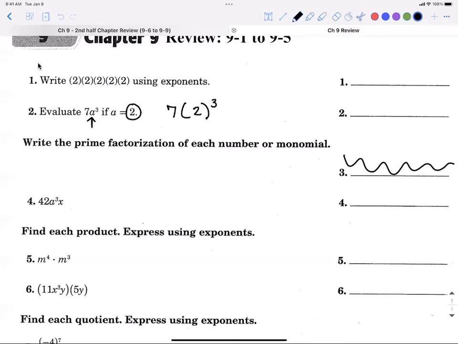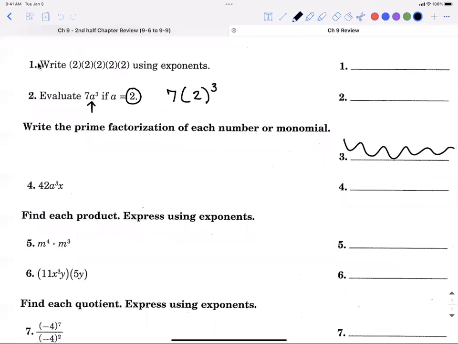Okay. For number 4, I definitely want to set this up and remind you guys, when it wants the prime factors, that's what it's asking for here. It's asking for the prime factorization. That means you're going to take 42 and do that factor tree, and you always start with a prime number on the left. Since it's even, I'd start with a 2 and then keep going from there.